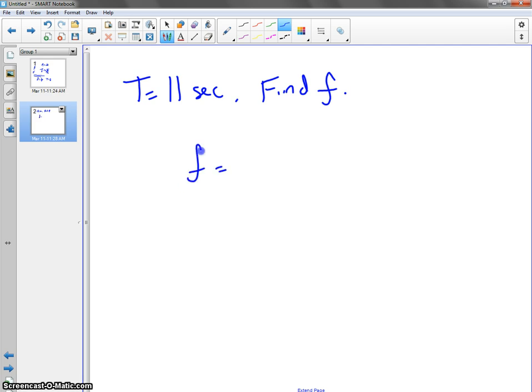It's just as simple as going 1 divided by 11 and putting that in your calculator, and you'll get something, right? So that's all you do to find the frequency. And whenever you do that, just remember to include your units, because if you don't include your units, it'll hurt your grade on the test. Okay, so that's period and frequency.